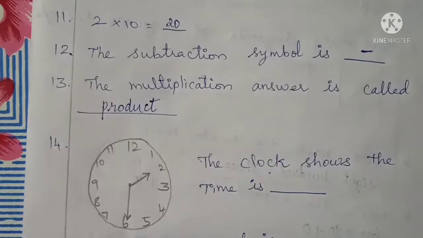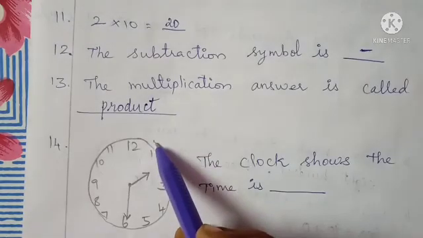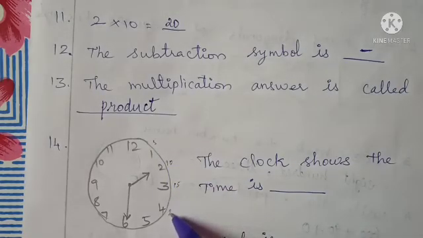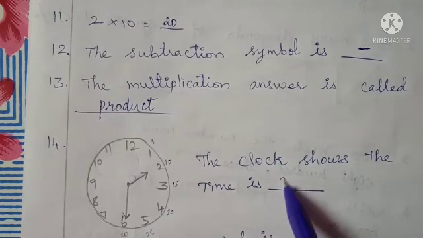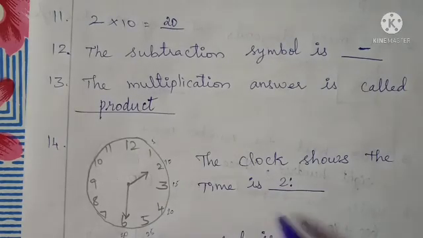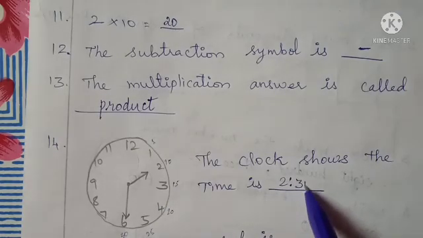That is why for 6 you use 5s for minutes. How to find out? 5 skip counting: 5, 10, 15, 20, 25, 30. So it is easy to find the time. 2 o'clock, hours are easy to find. Then the minutes are 30 minutes.